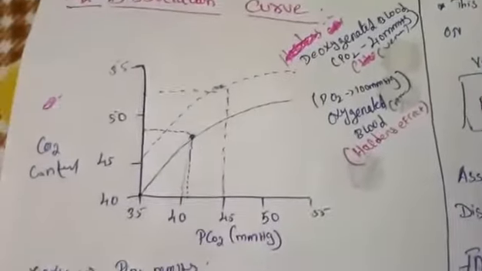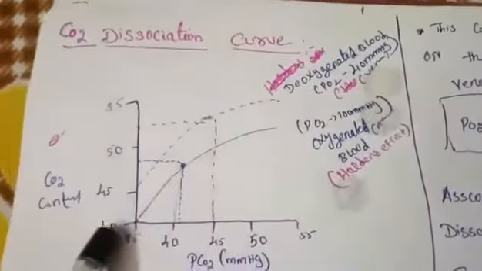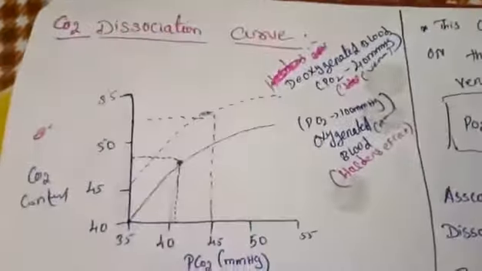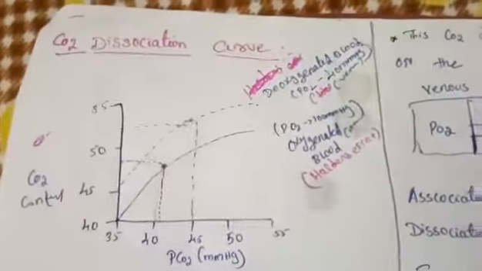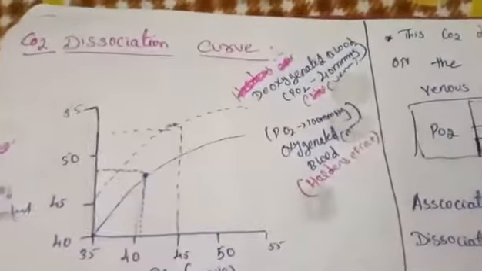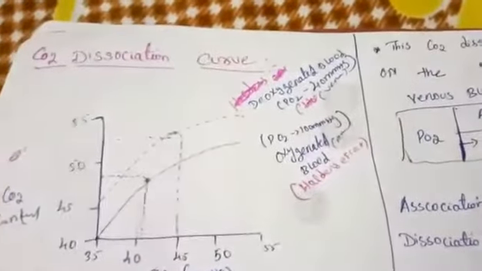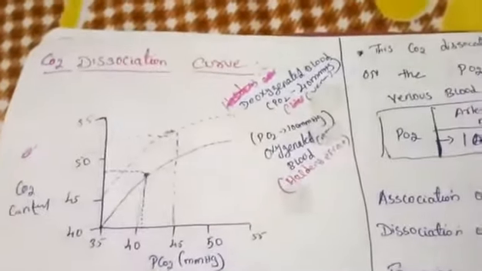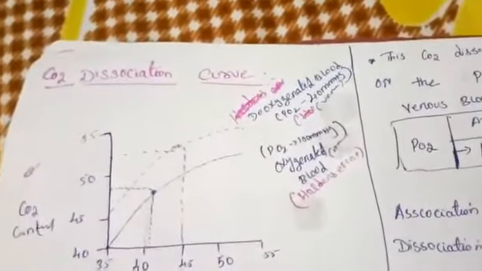Based on this table column we will put the curve. The curve will be in linear form, whereas in the oxygen dissociation curve it is sigmoid in shape.